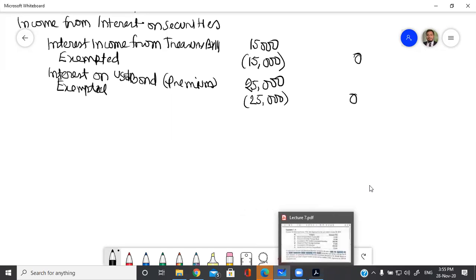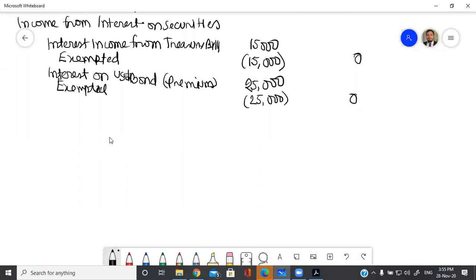So this particular bond, you see the US dollar premium bond, I will request you to explore more about this. This bond has been particularly issued by the government for non-resident Bangladeshis. So who are non-resident Bangladeshis?